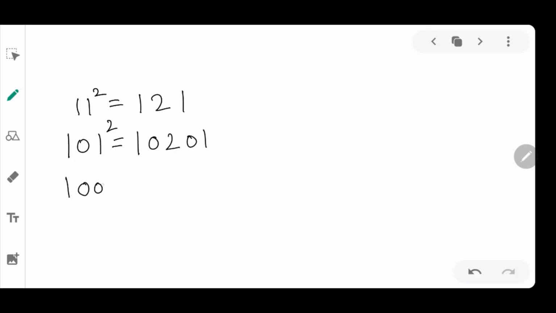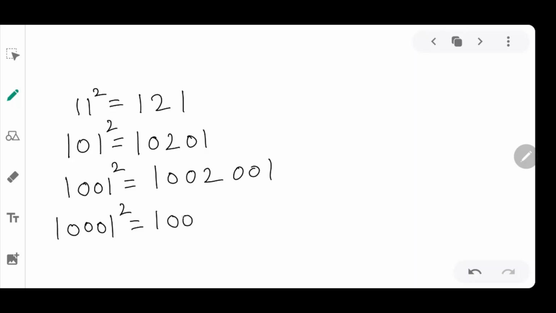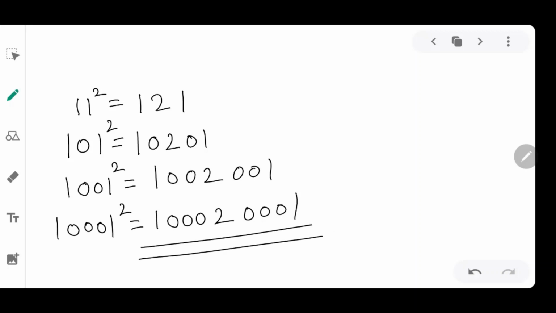Similarly, if we insert 2 zeros between the 2 ones, we will insert 2 zeros before 2 and 2 zeros after 2. Similarly, if 3 zeros are inserted, the answer will be 1 0 0 0 2 0 0 0 1. So this is also one special case for calculating the squares, which you can find out directly.